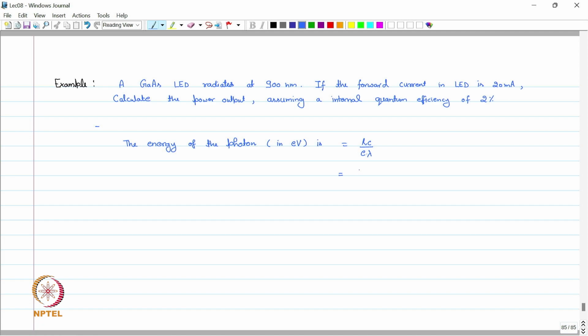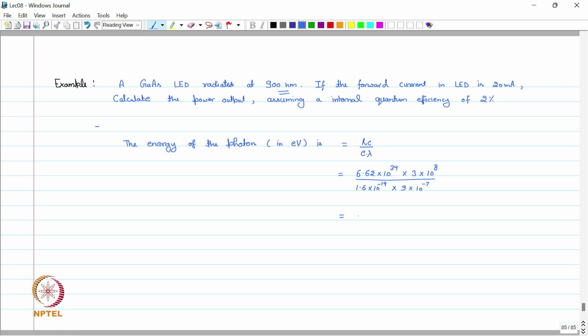We can put in the numbers: Planck's constant, which is 6.62 into 10 to the power minus 34, into 3 into 10 to the power 8, divided by 1.6 into 10 to the power minus 19, multiplied by 9 into 10 to the power minus 7, which is the wavelength of this photon.